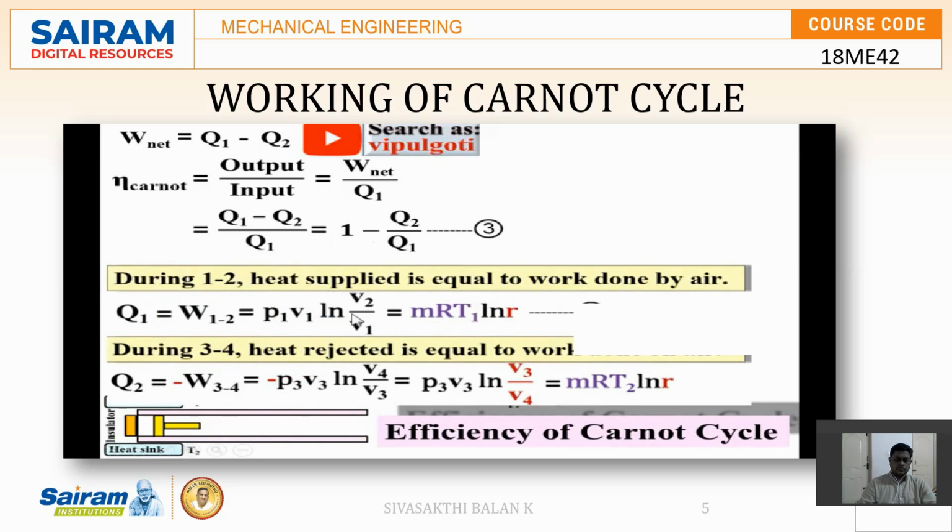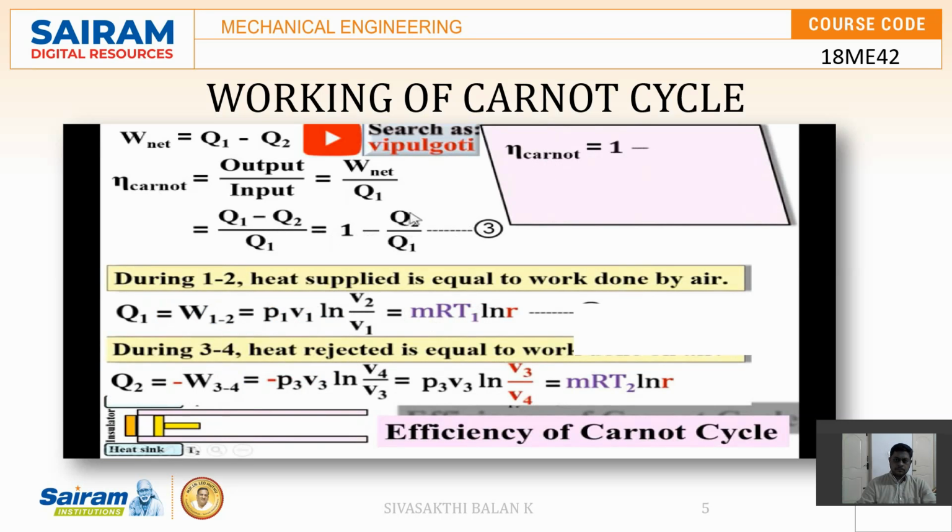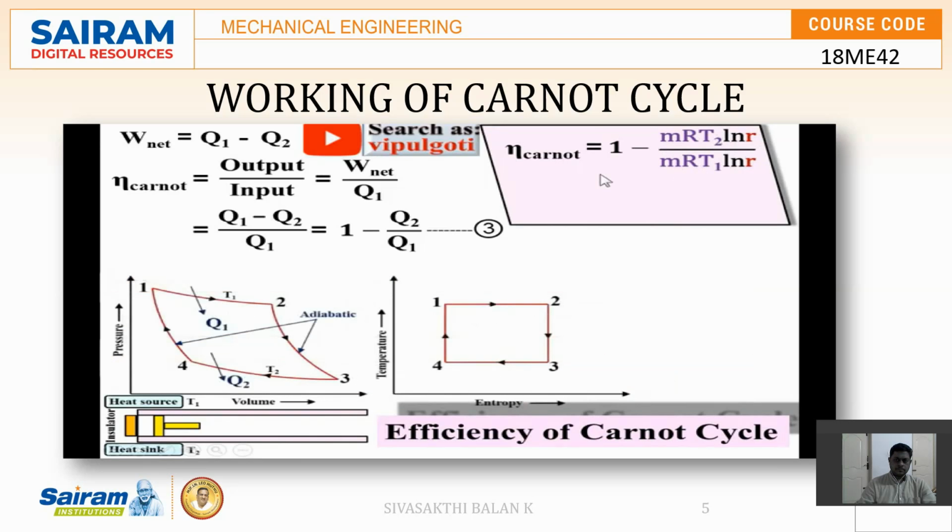Now this is my earlier page. So the efficiency of the Carnot cycle is equal to 1 minus Q2 upon Q1, where Q2 is equal to mRT2 ln R, and Q1 we have already derived as mRT1 ln R. So here mR will be cancelled and ln R will be cancelled, so the remaining term for the efficiency of the Carnot cycle is 1 minus T2 by T1.